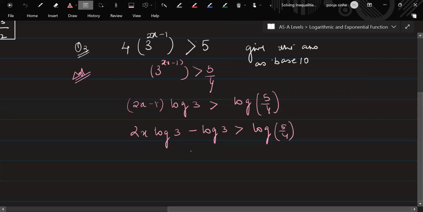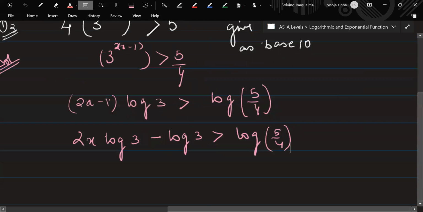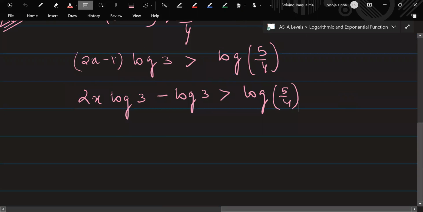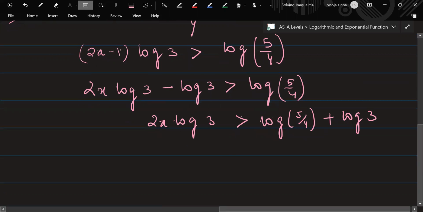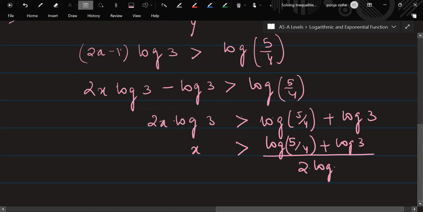But whenever you have such a thing, it is better to open it. So 2x log 3 is greater than log 5 upon 4 plus log 3, right? So x will be greater than log 5 upon 4 plus log 3, upon 2 log 3.